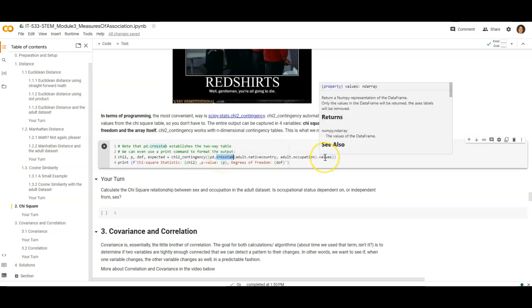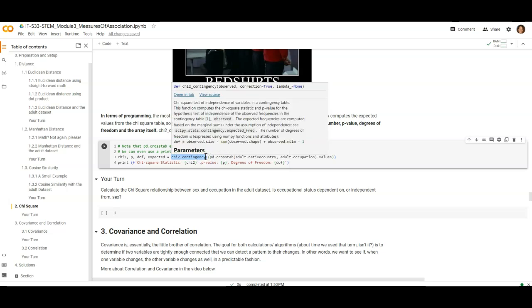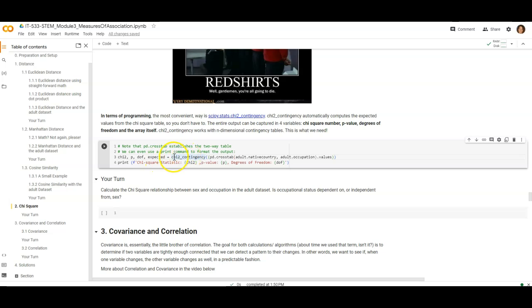We're going to cross-tabulate their values. And to this cross-tabulation, we're going to apply the chi2 contingency function. Once we have done that, we can pull out from that the chi-square statistic, the p-value, the degrees of freedom, any expected values, and so on.